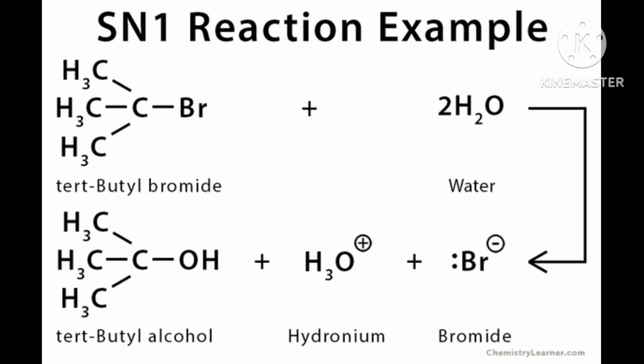Today I will continue from the last class. Last class I introduced nucleophilic substitution reaction and gave just a brief idea of what it is. Also I discussed that it is of two types, SN1 and SN2.